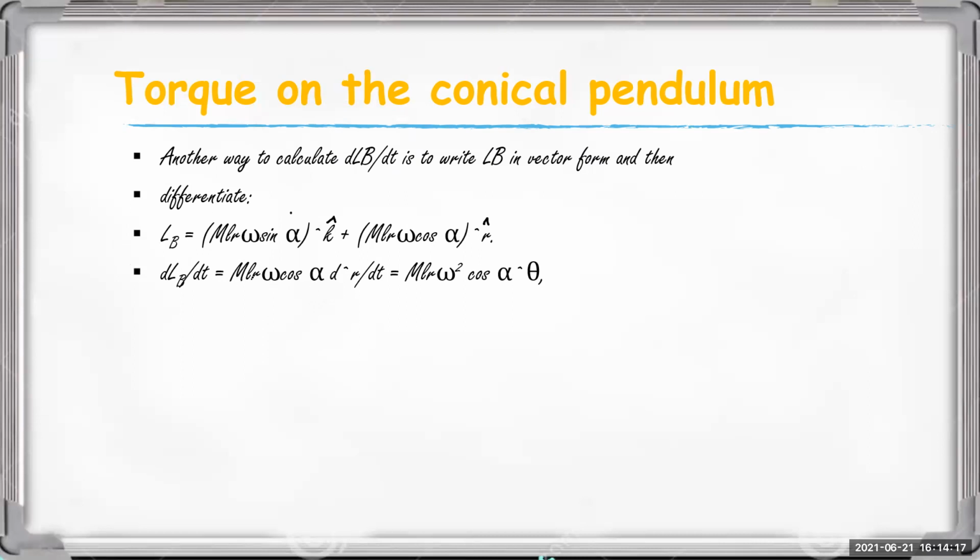Then we write m L r omega cos alpha times d by dt of r cap. From the chapter basic mathematics, we know that d by dt of r cap is equal to theta dot theta cap, or that is equal to omega theta cap.